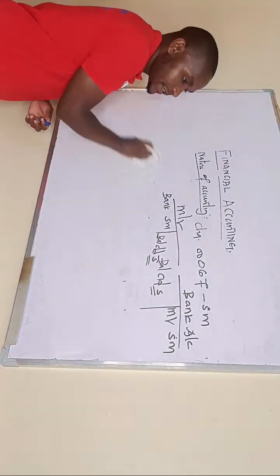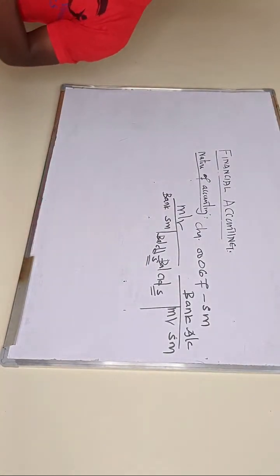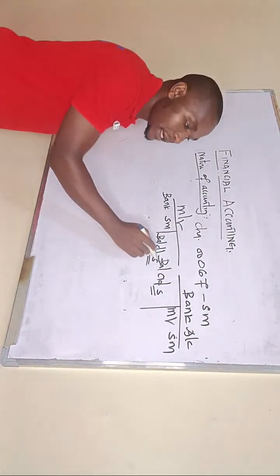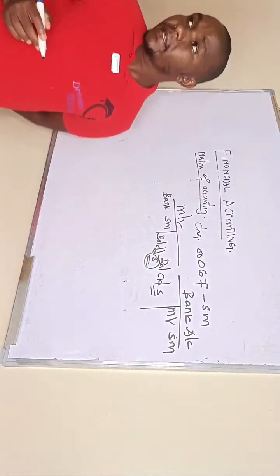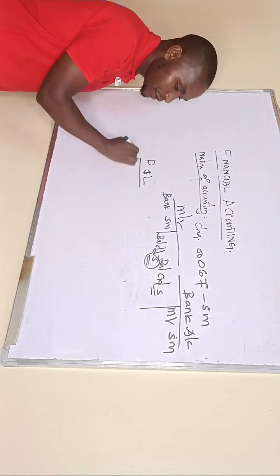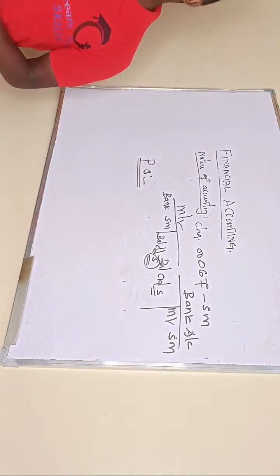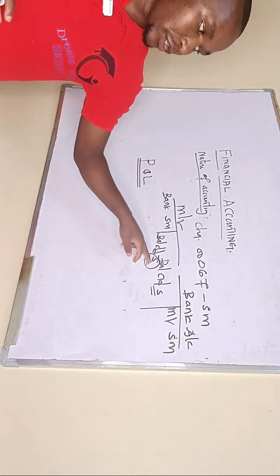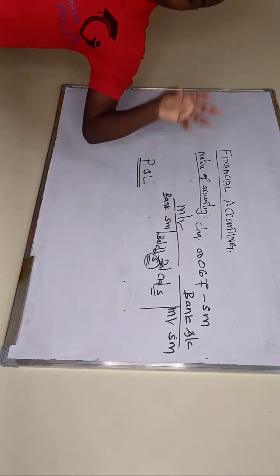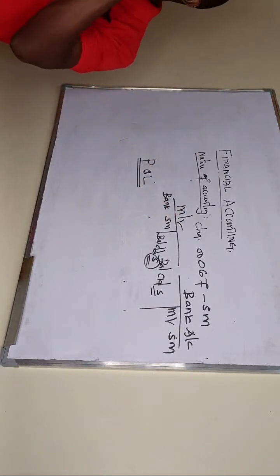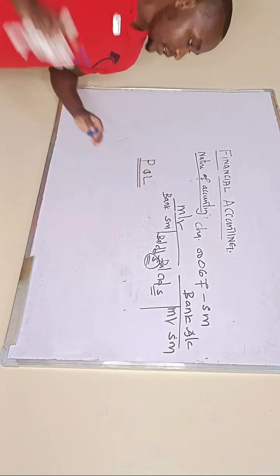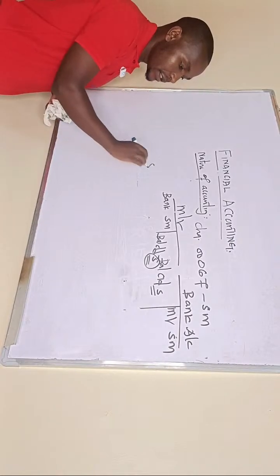Also, you will realize that when it comes to reporting, which we do using the P&L, you will not report the 5 million, because once you buy a motor vehicle, immediately it starts depreciating.